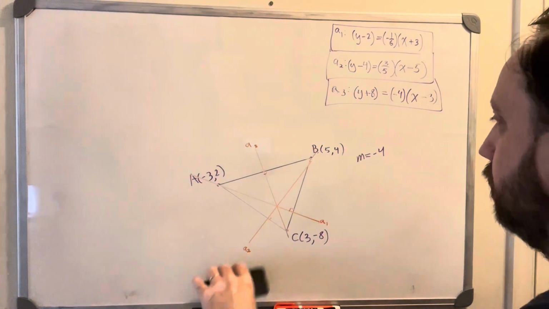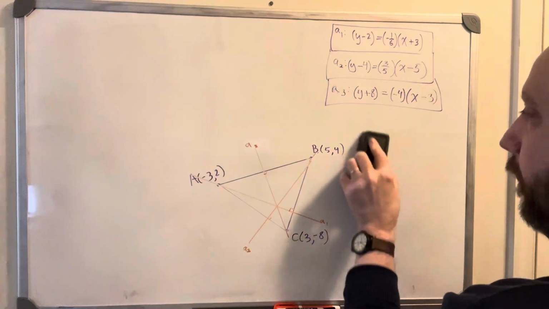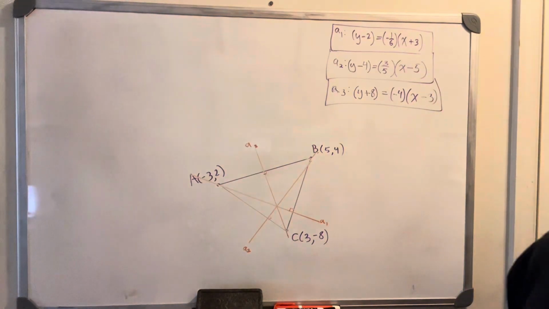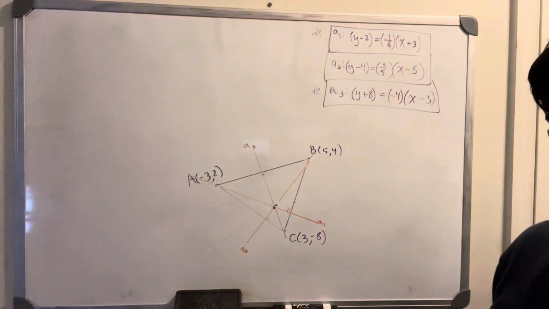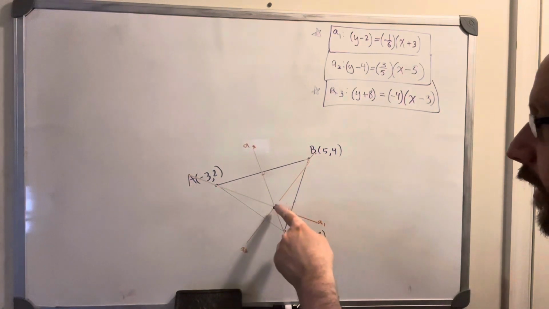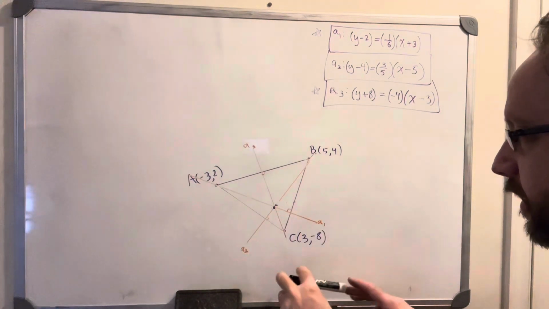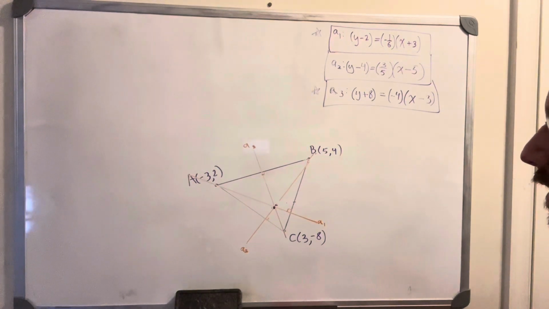So now we have solved for all 3 equations of the altitude lines. So to solve this point right here where these 3 lines intersect, this is a system of linear equations in 2 unknowns, x and y. So really we only need 2 equations of lines.